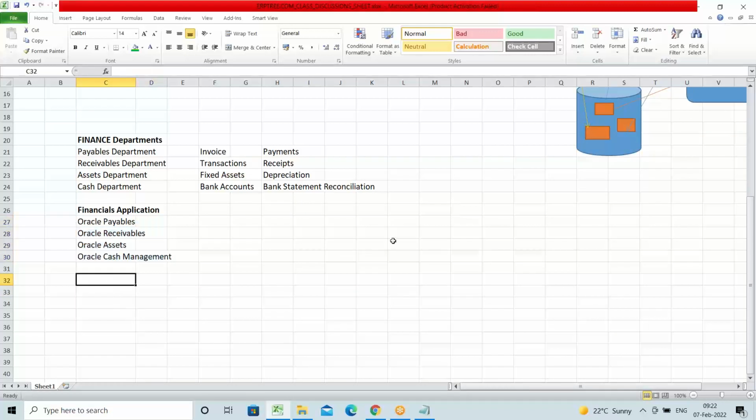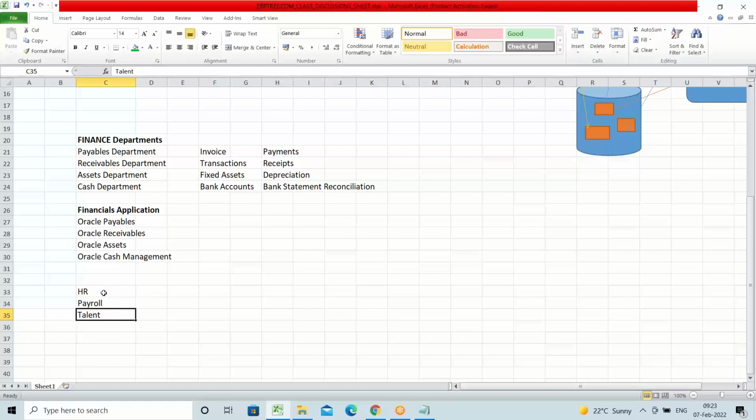In the same way, there are a few other departments, like the HR department, the human resource department, the payroll department, and talent. These are the different departments that deal with the people, the employees. For these also Oracle is providing separate applications. For HR, Oracle Human Resource application; for payroll, Oracle Payroll application; for talent, Oracle Talent application.